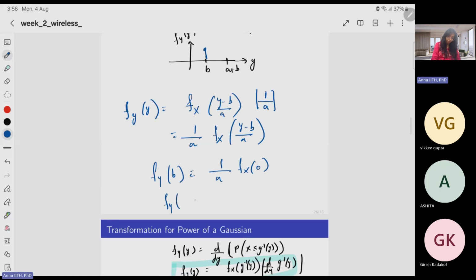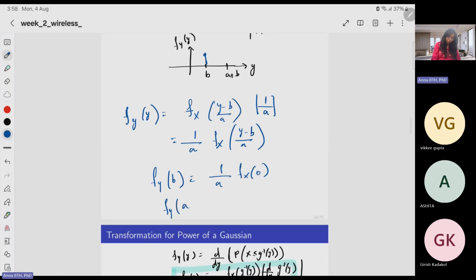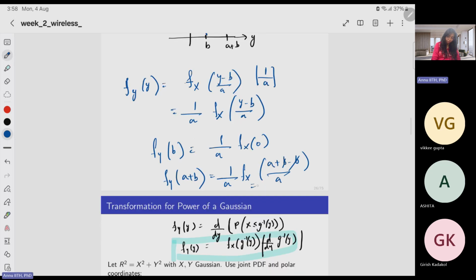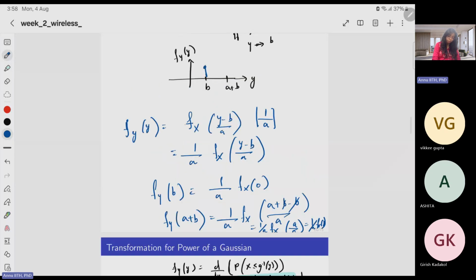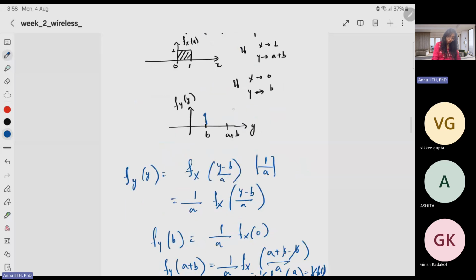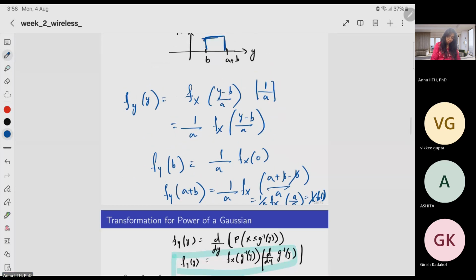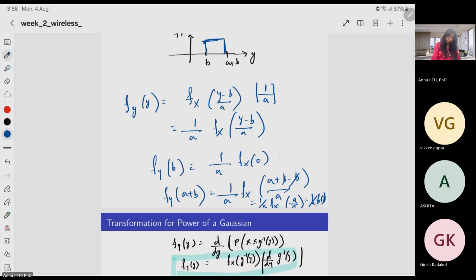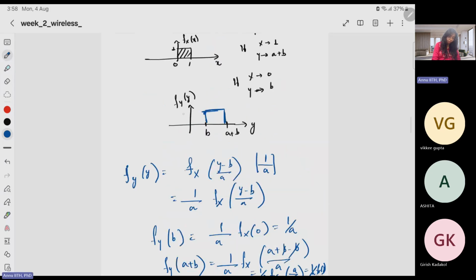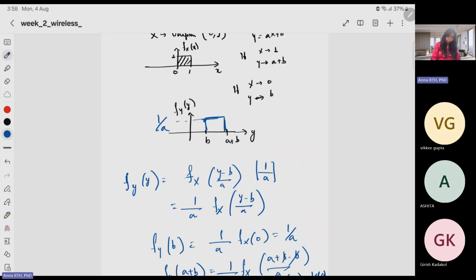And calculating f of y of a plus b is 1 upon a times f of x of a plus b minus b divided by a, which is 1 by a f of x of 1. So 1 is 1. So yes, it is 1 by a. So here you are having 1 by a.